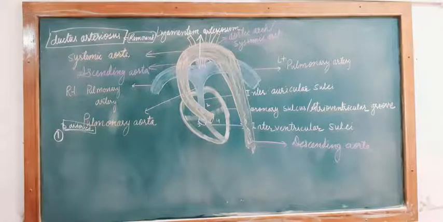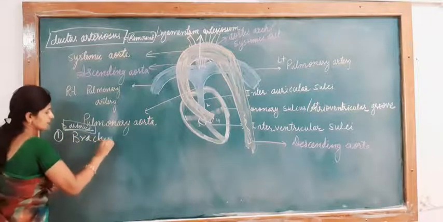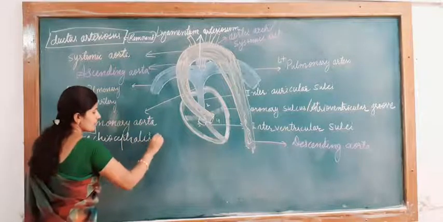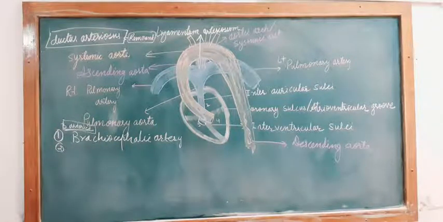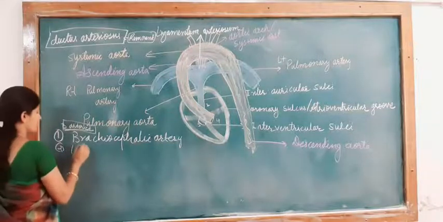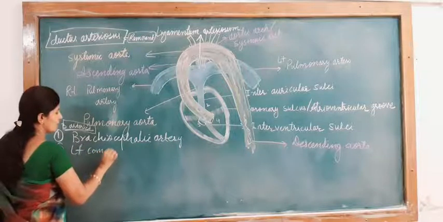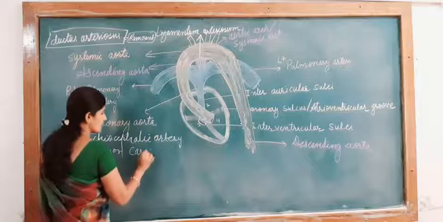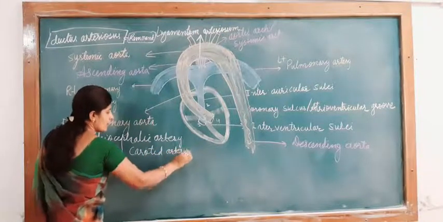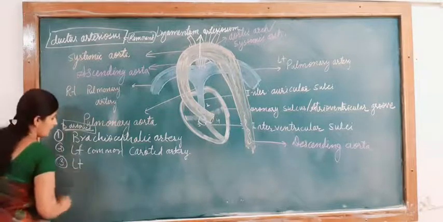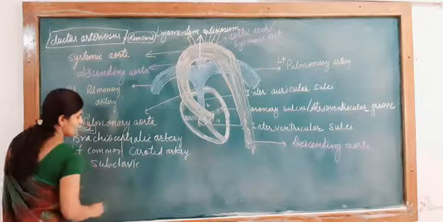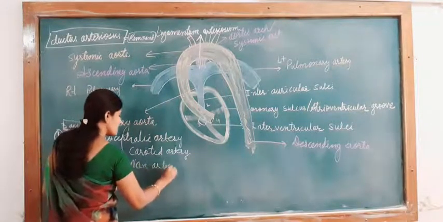First one is the brachiocephalic artery, and the second one is the left common carotid artery, and the third one is the left subclavian artery.